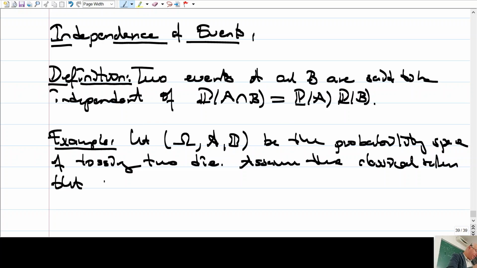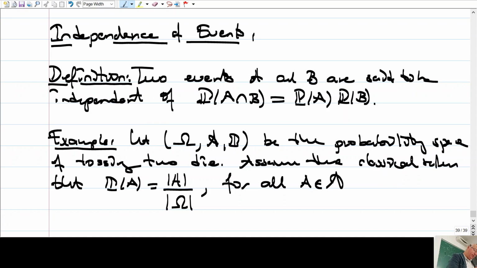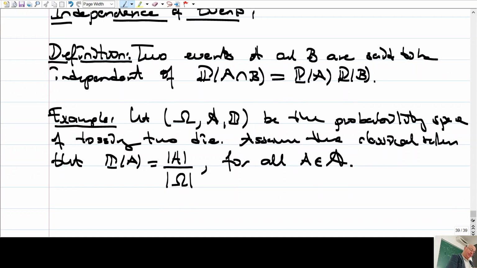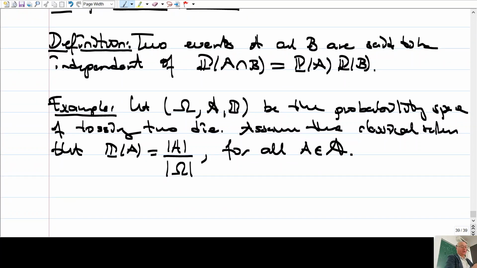P(A) is just the number of elements in A divided by the number of elements in the total sample space omega, for all A in the sigma algebra.